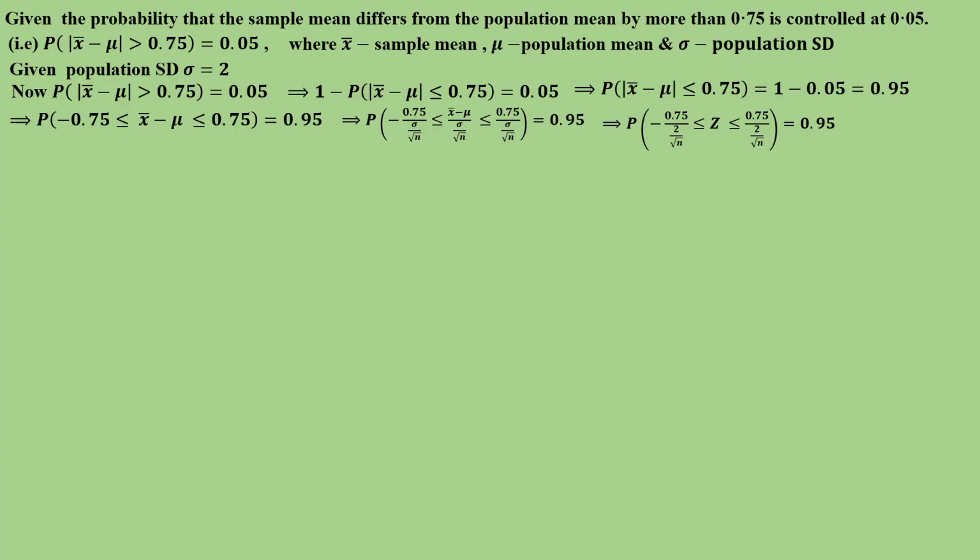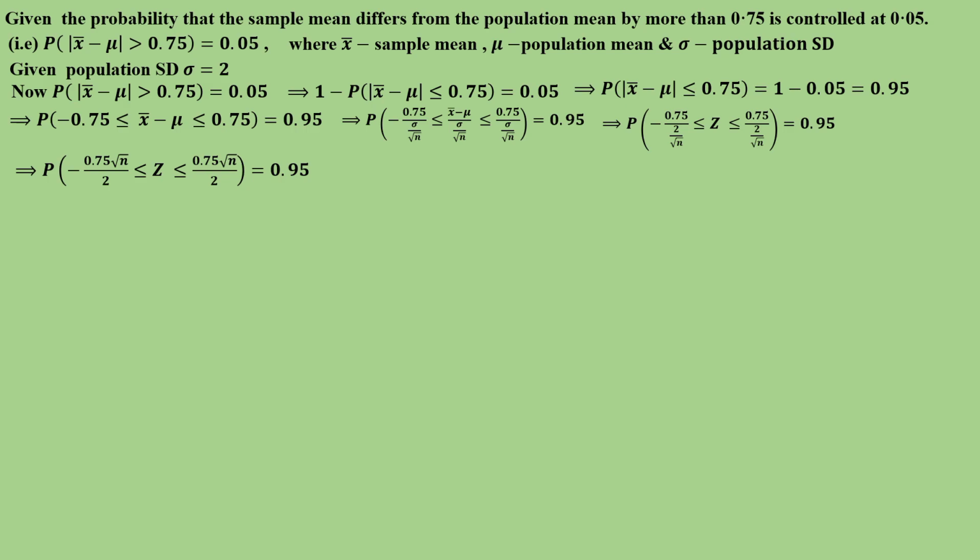So from a minus value to a plus value, you can split it into two. So the probability of minus 0.75 root n by 2 less than or equal to z less than or equal to 0, plus the probability of 0 less than or equal to z less than or equal to 0.75 root n by 2. You can split the area: minus 0.75 root n by 2 to 0 is the first area, plus the second area 0 to plus 0.75 root n by 2.